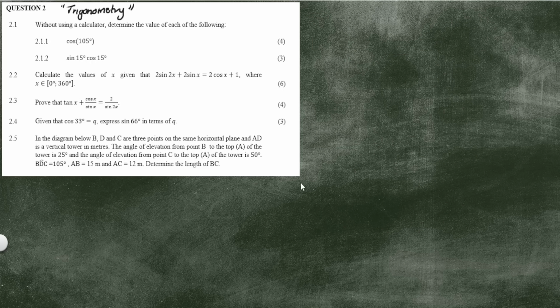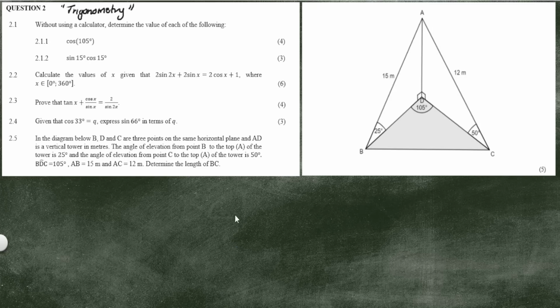Now for the last question of 2.5, we are dealing with a triangle. Before we solve this problem, I have a question. I just want you to think about it before we engage in the following discussion. How many triangles can you spot in this figure?